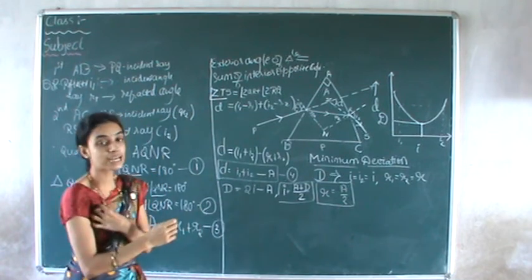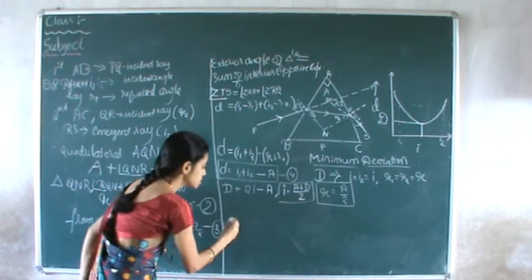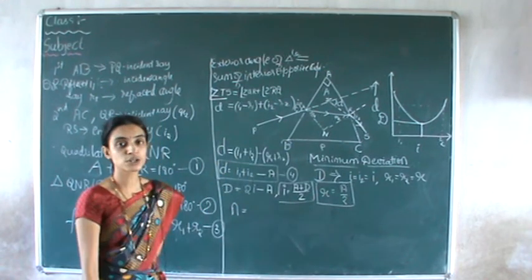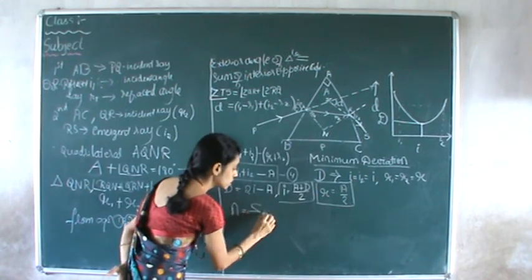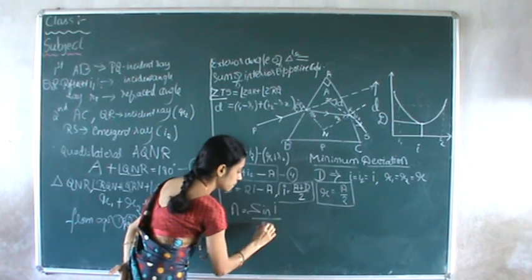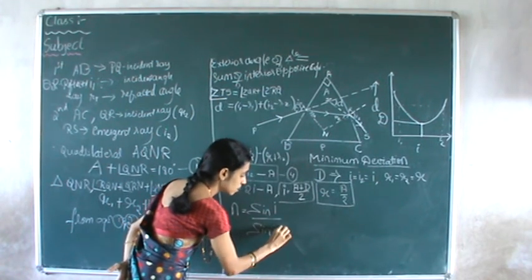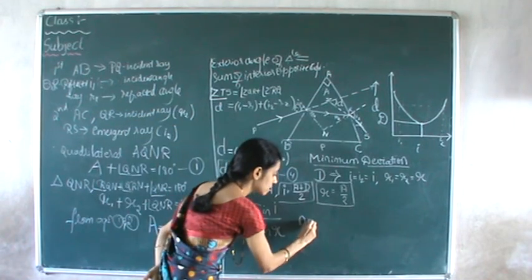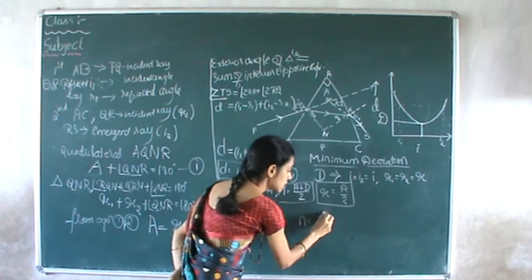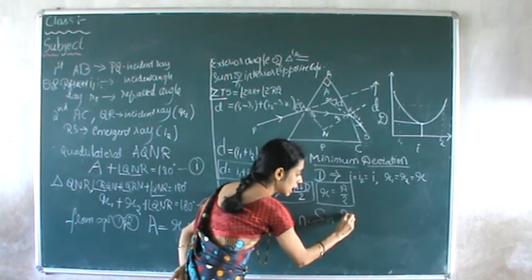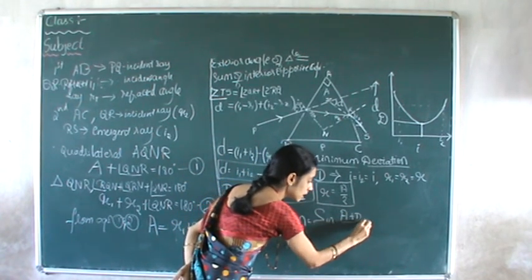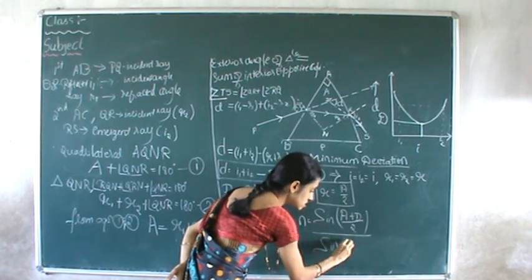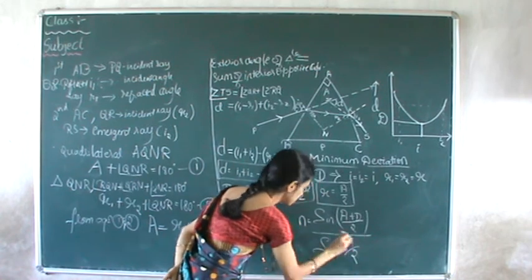Next, I have to write the refractive index. Generally, I know that refractive index of the prism, n, is equal to sin I by sin r. Then directly substitute: n is equal to sin of (A plus D) by 2 divided by sin A by 2.